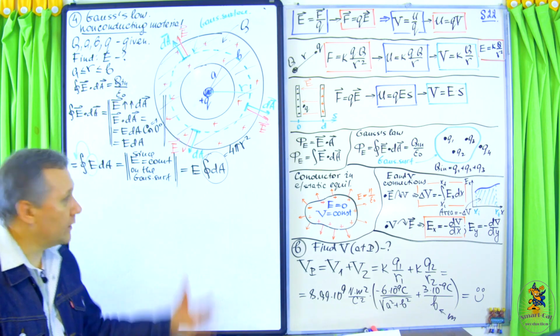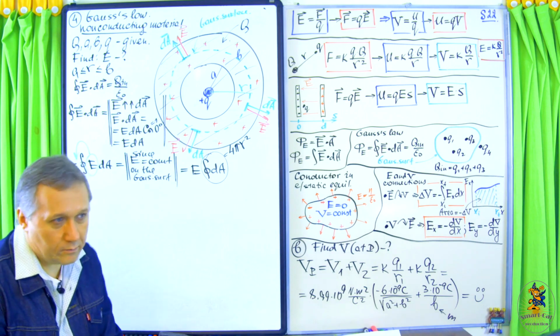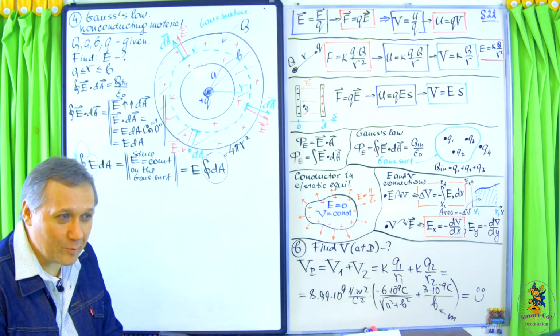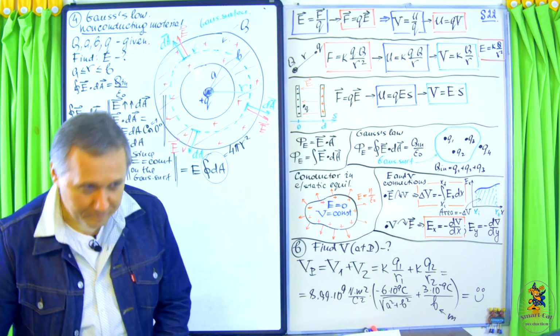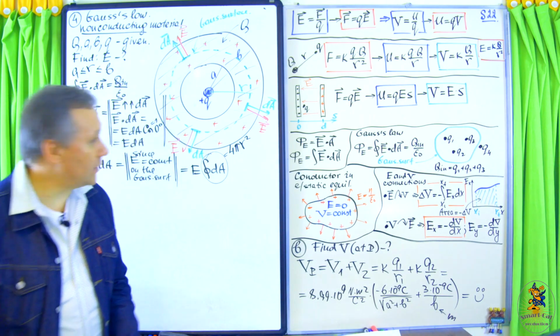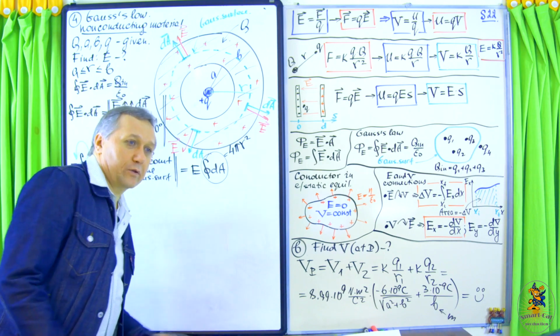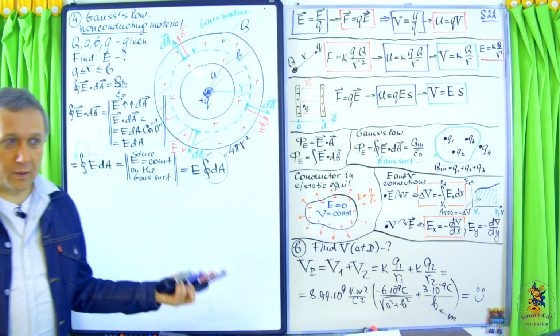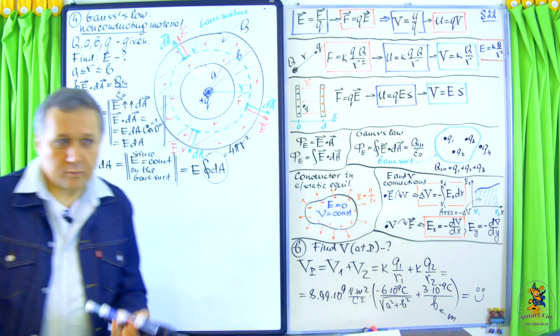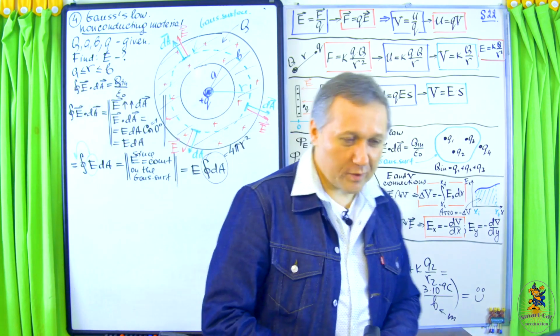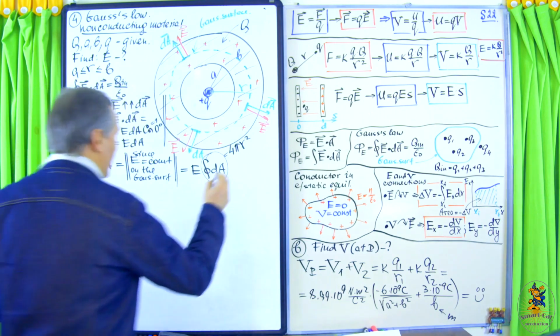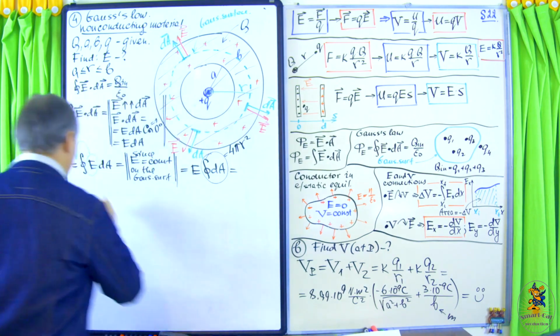Look if you're actually using the correct one, because it's really silly to see when instead of area students use the volume, for example, or instead of area they use, I don't know, circumference of a circle. I've seen different things. So that's why I'm warning you, don't make those really unnecessary mistakes.